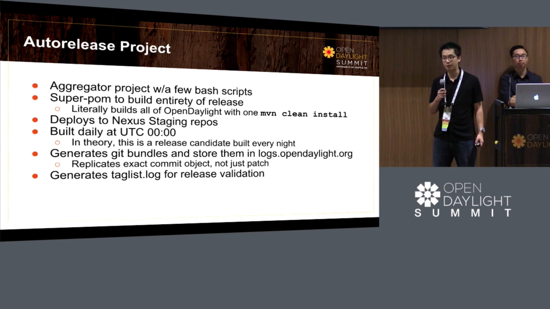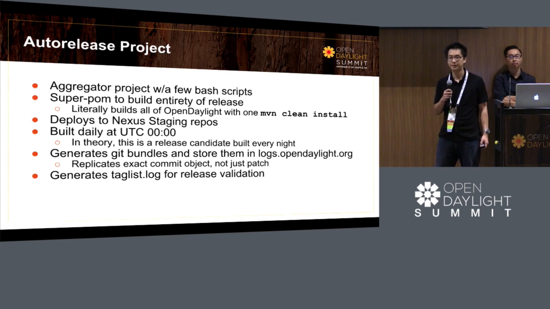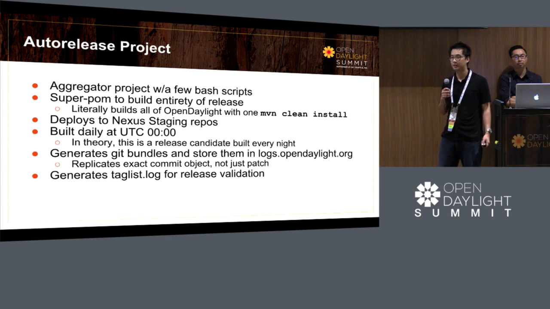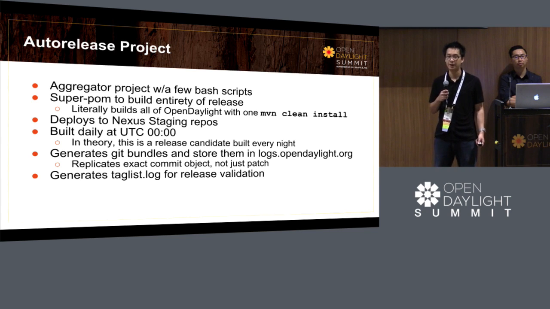And it has a few bash scripts that we use to automate a few of the tasks. So if you clone the Autorelease project, it actually clones all of the participating projects for whatever branch you're cloning as submodules. And in essence, if you clone Autorelease, you can get the source code for every project that's participating in a particular release in the same repo.